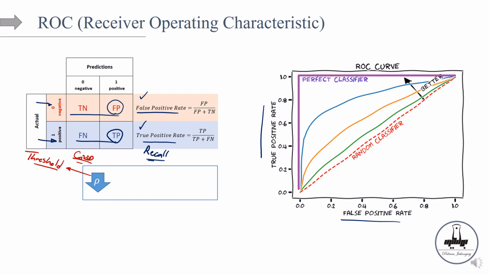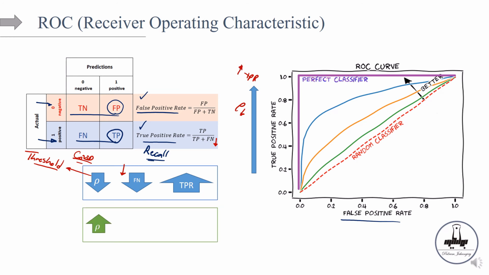So in that case, you're going to reduce the threshold to be more conservative, to reduce the false negatives, right? Now in this equation, if I reduce the false negatives, the true positive rate is going to increase. So if the threshold decreases, the true positive rate is going to increase.